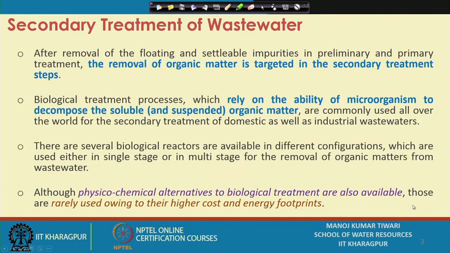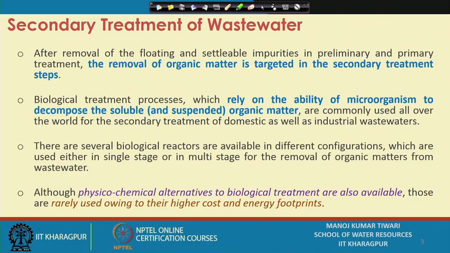Now, if we see the basic idea of the secondary treatment of wastewater. By the preliminary and primary treatment, we have removed the major floating materials and settleable impurities from the wastewater. After removing these, our next target becomes primarily the removal of organic matter.